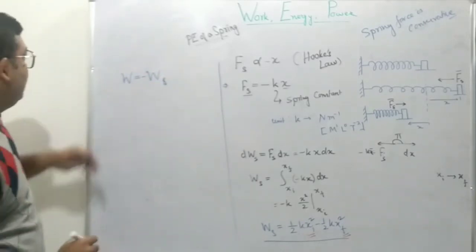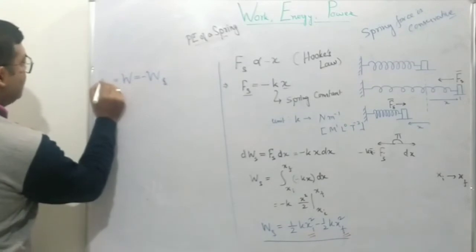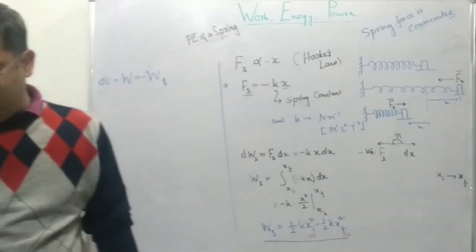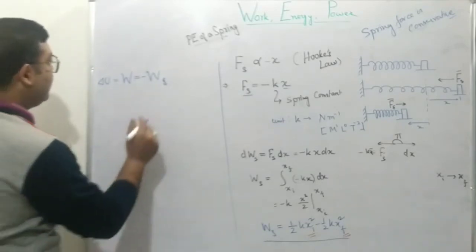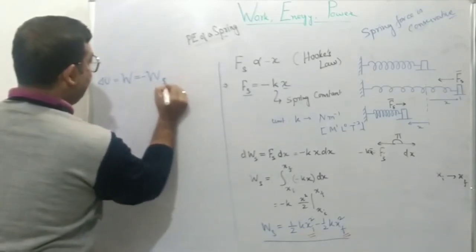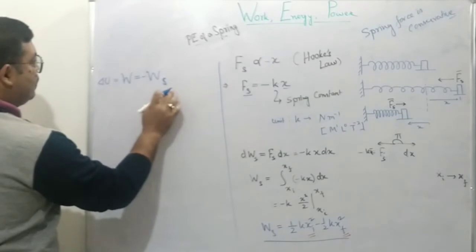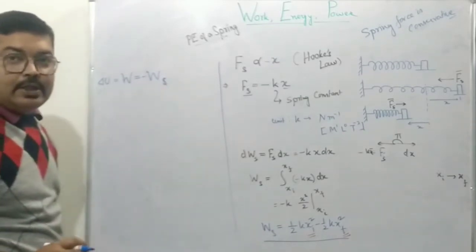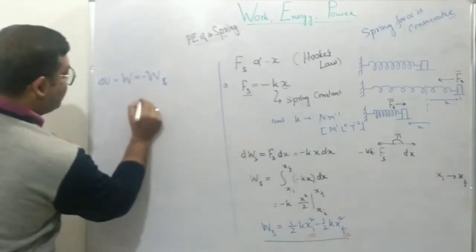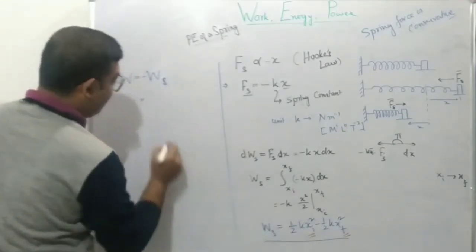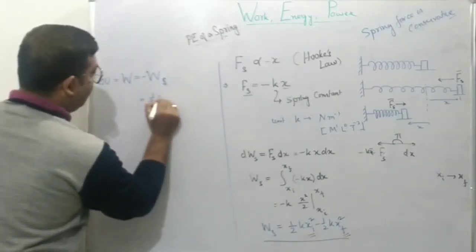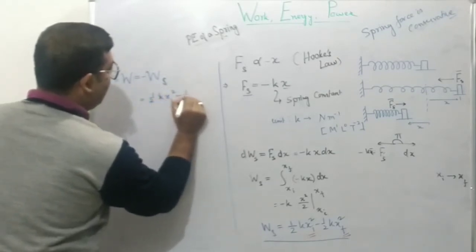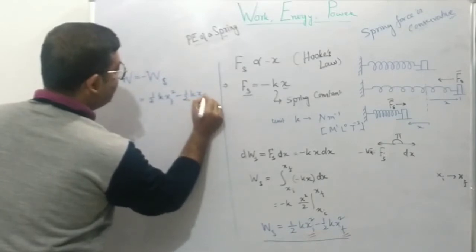And this W will be stored as the change in potential energy of the system. Okay, so the negative of work done by the spring force is the amount of work done by the external agency. So what is the negative of work done by spring force? We can find it from here. It is half k x final square minus half k x initial square.